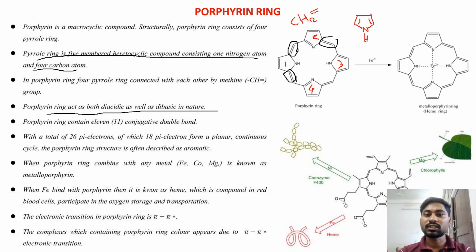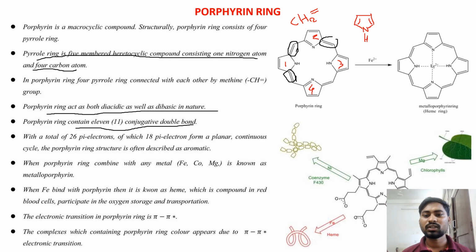As you can observe, it is diacidic. Like we can say it is both acid and base. Porphyrin ring contains 11 conjugated double bonds. What are conjugated double bonds? First of all, we have to know conjugation. Conjugation means the alternate double bonds in a ring.